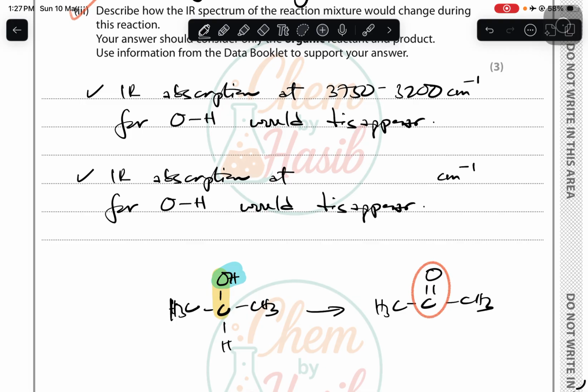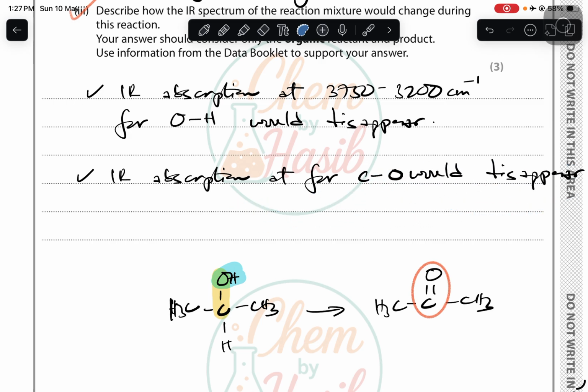Data booklet, C single bond O. Oh, the data booklet doesn't have any absorptions for C single bond O. So you don't need to write the wave number here. You can just simply write the infrared absorption for C single bond O would disappear. That's it. You just write this.